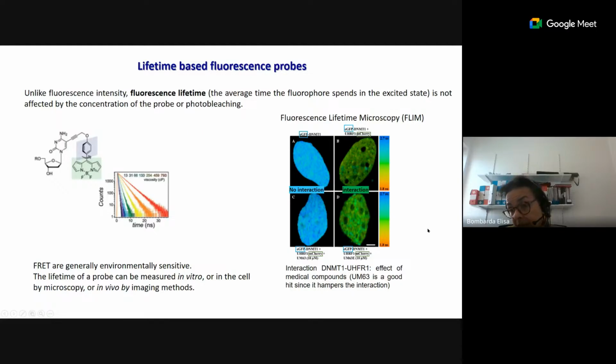So this kind of experiment was useful for deciding that the compound that was added in C is better for such purpose with respect to the other one. And so this shows how to use fluorescence lifetime and labeling with fluorescent protein.